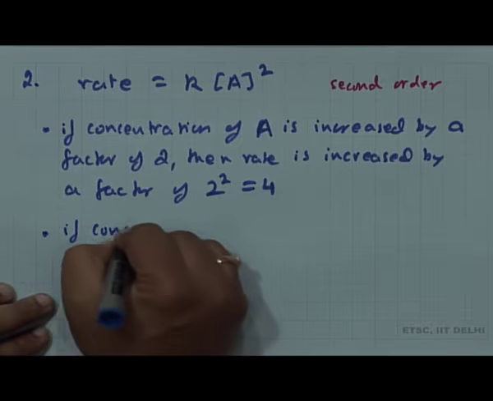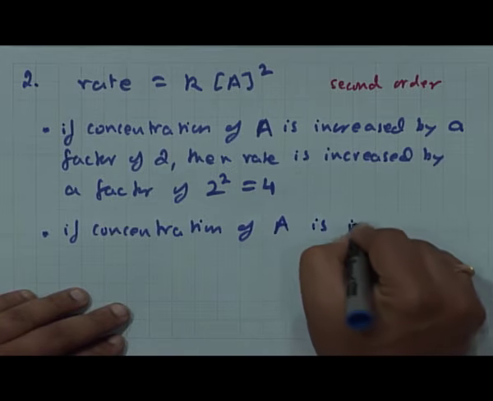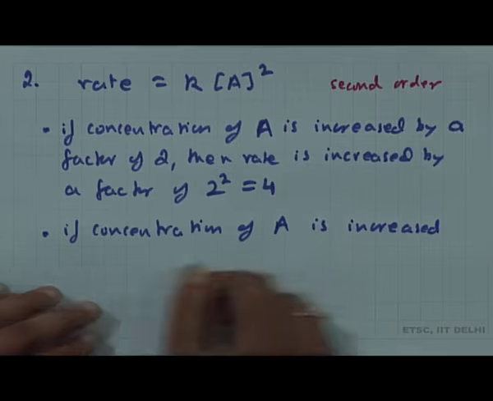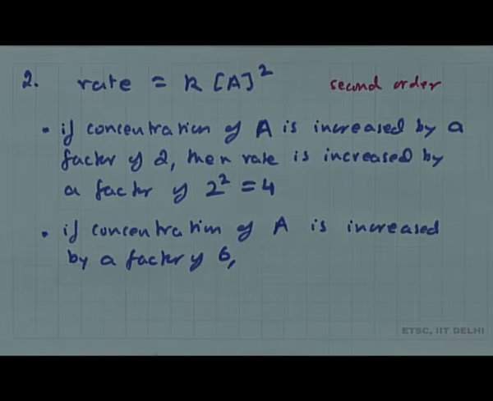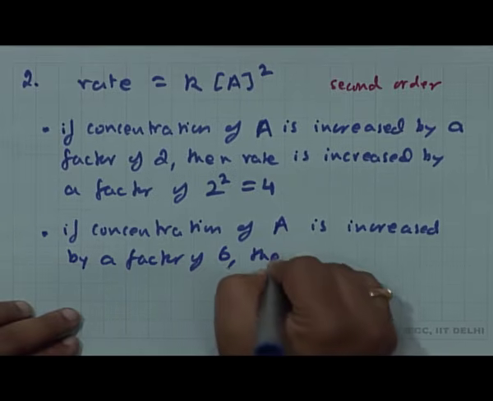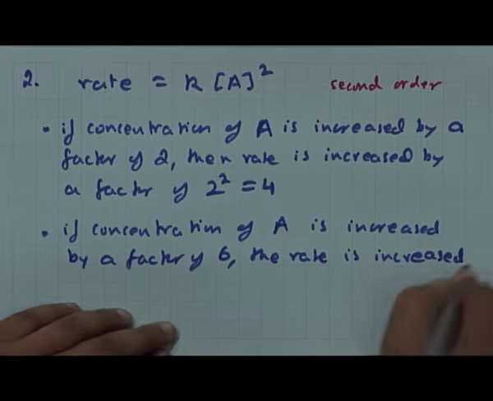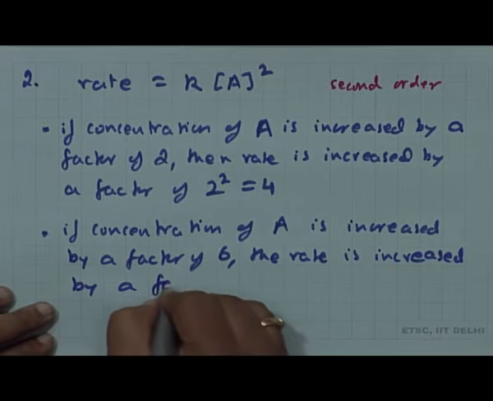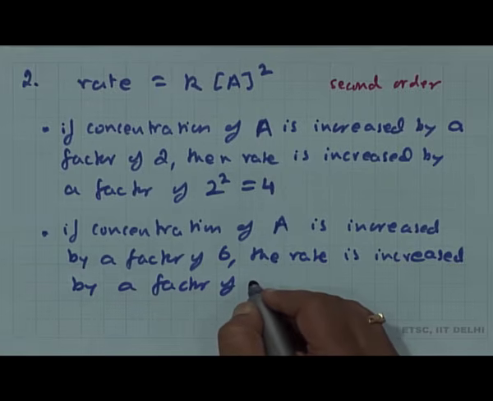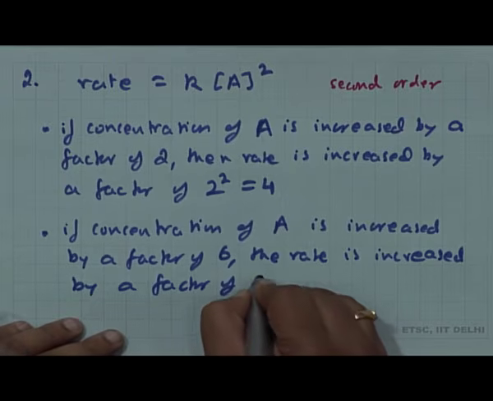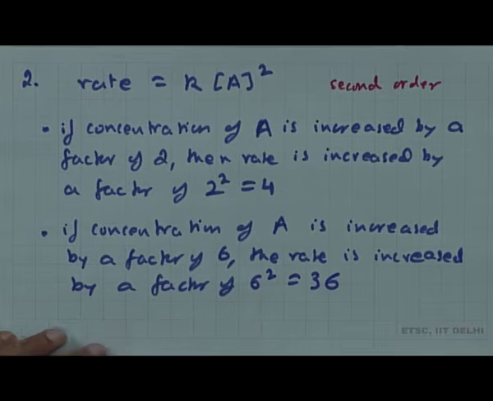Similarly, if the concentration of A is increased by a factor of 6, then the rate is increased by a factor of 6 raised to the power 2, which is 36.